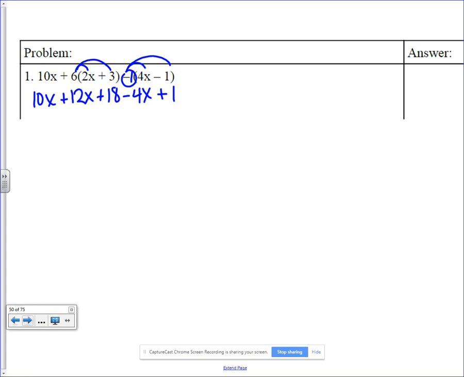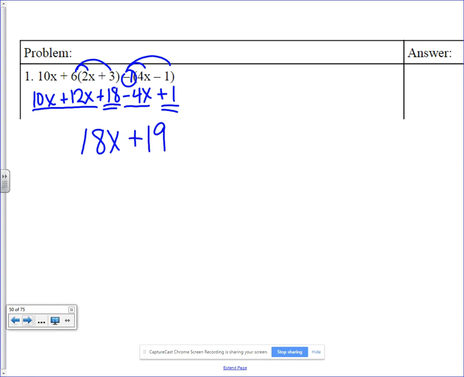Okay, now what goes together here? What can be combined? But I also have another one over here. 18x. What else can go together? So I have the 18 and the +1. So I think this is the answer.